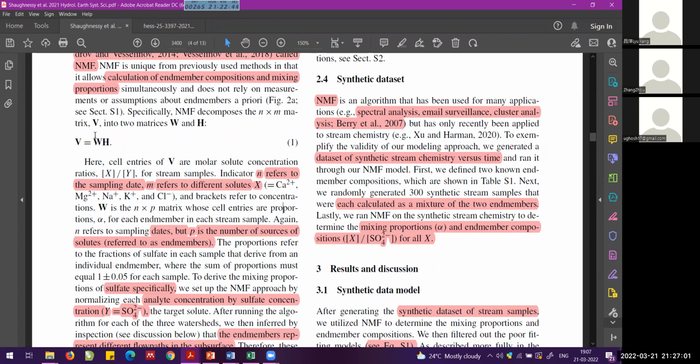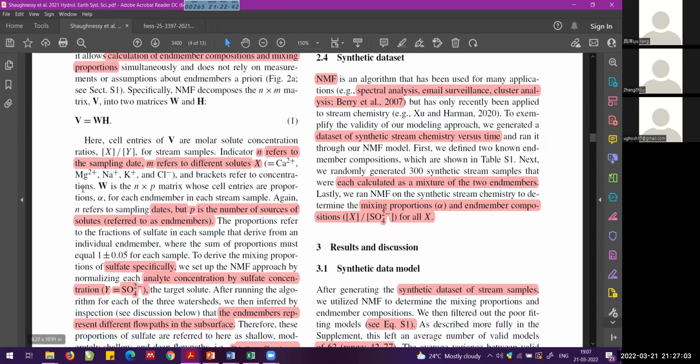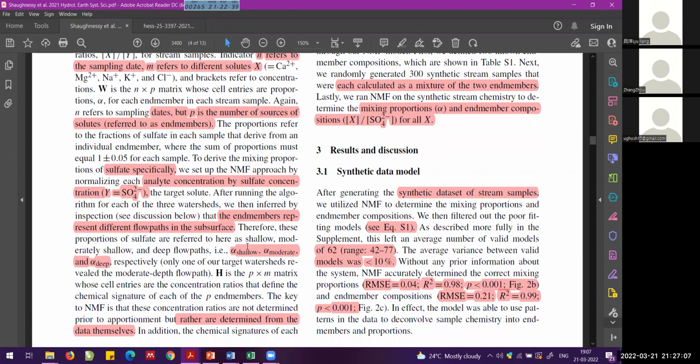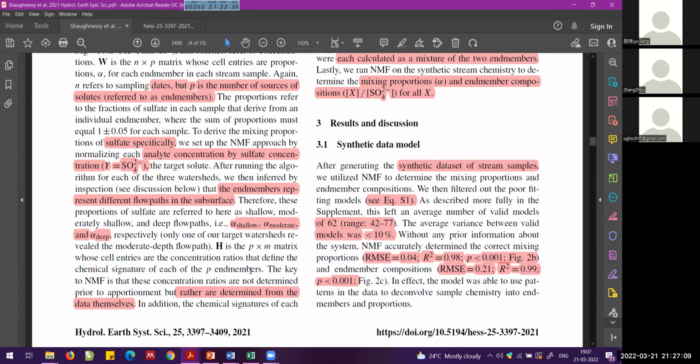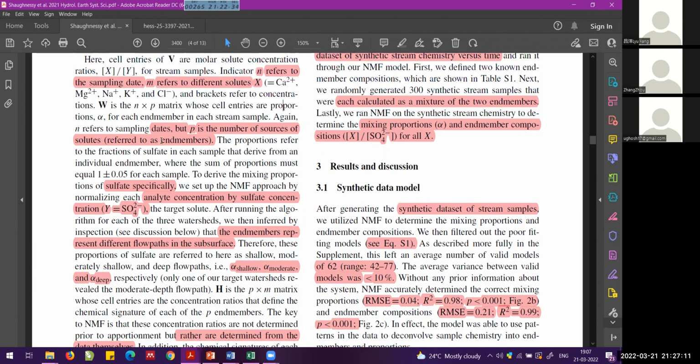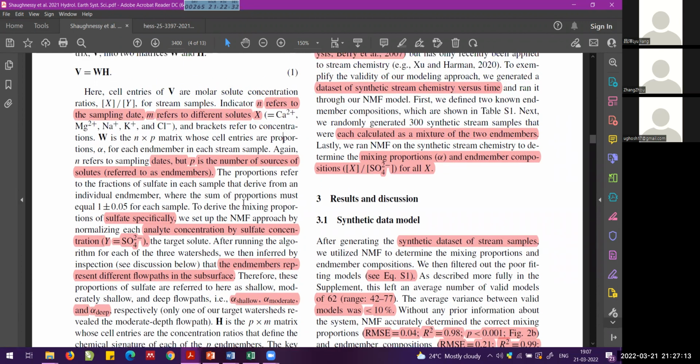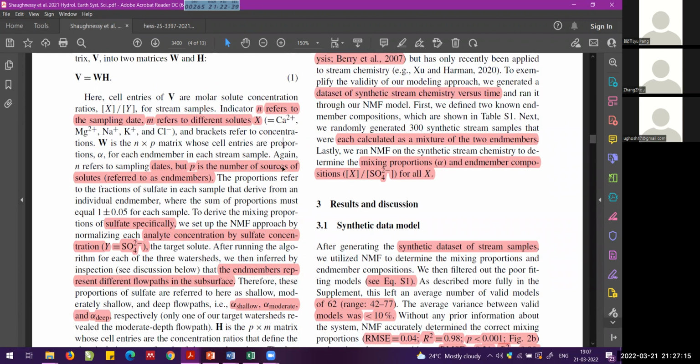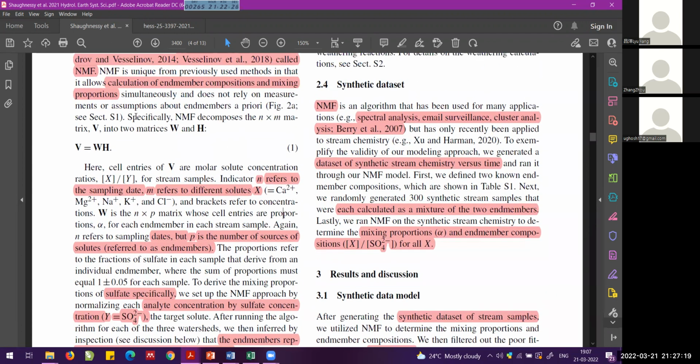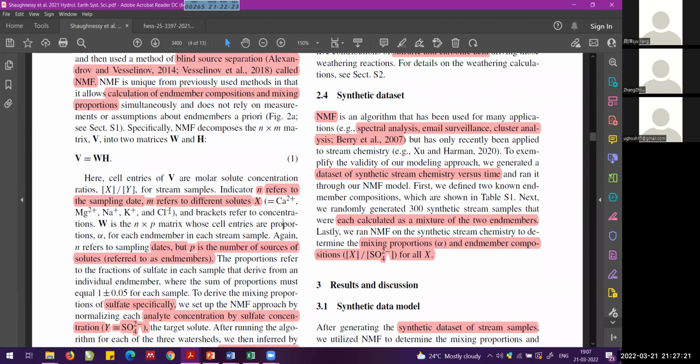So this is the W matrix, and the other matrix is H. H is a P by M matrix, where, as already mentioned, P is the number of N members, and M is the different solute chemical composition.